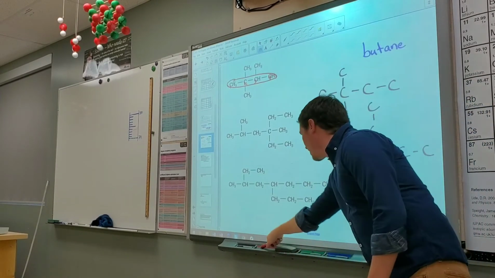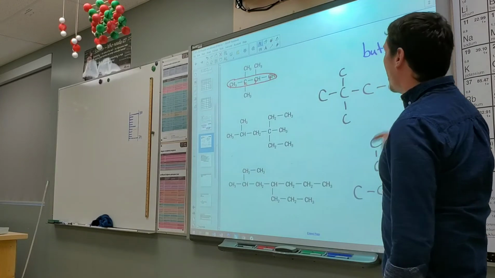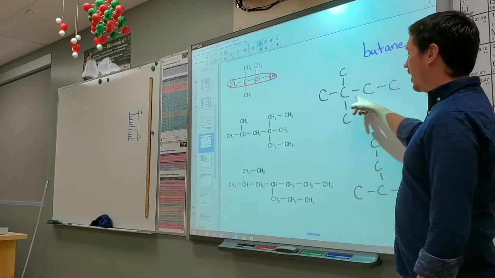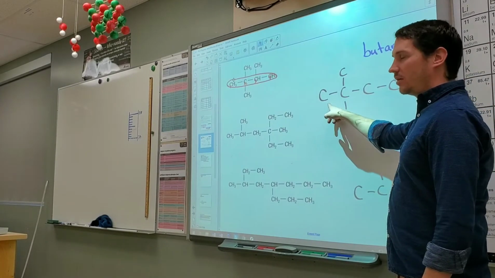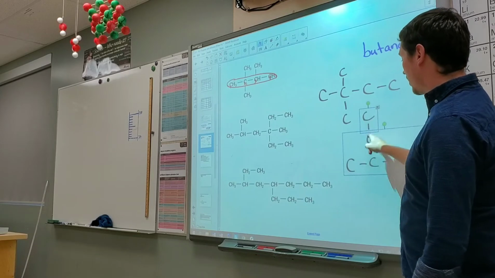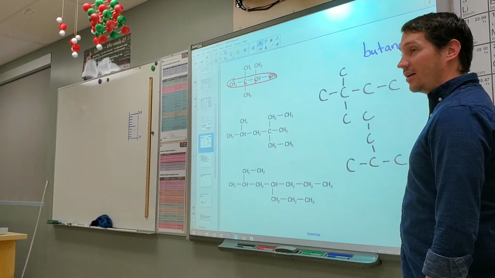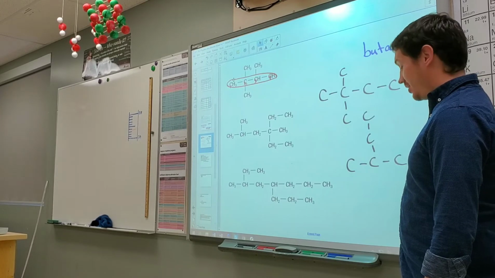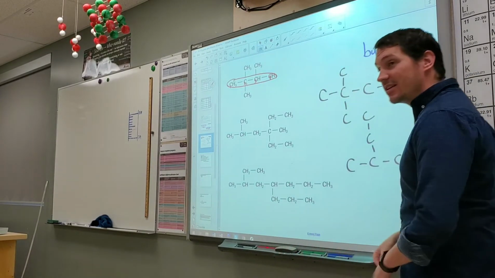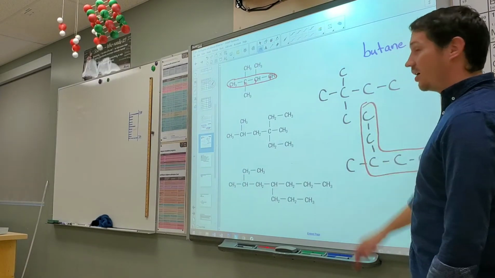So the top one here, what's the ending of this name going to be? Butane. What's the ending of this thing going to be called? Pentane. Because you have a longer chain. Does that make sense? This is your longest parent chain now.